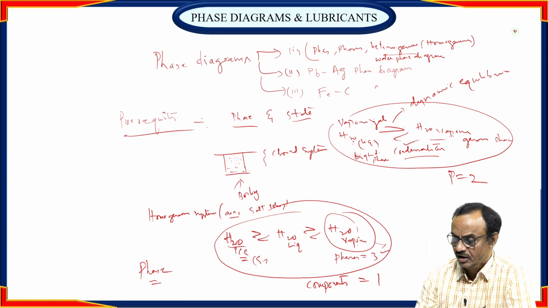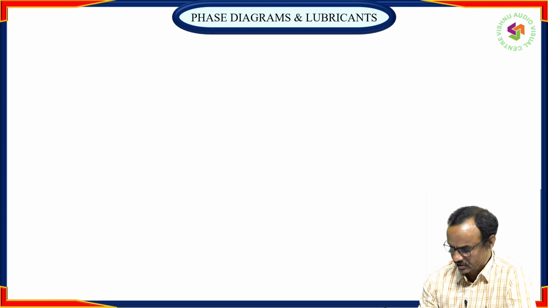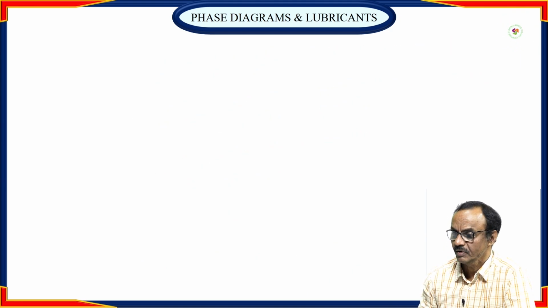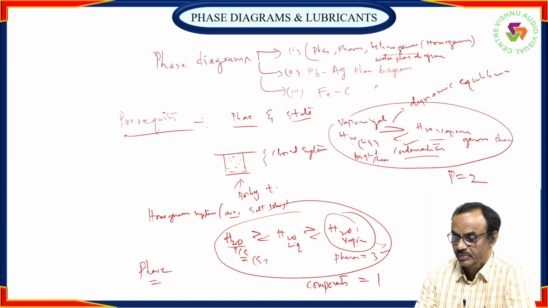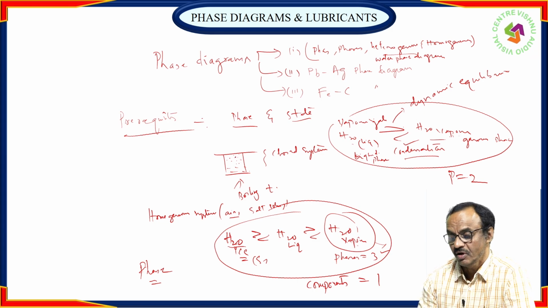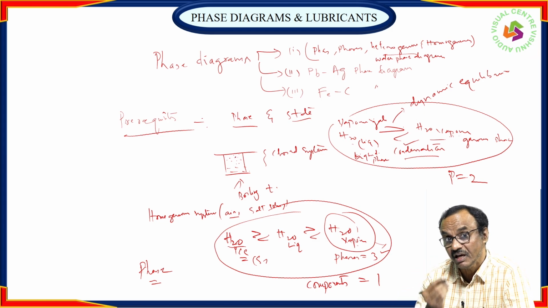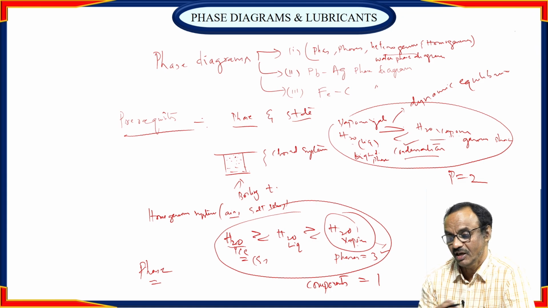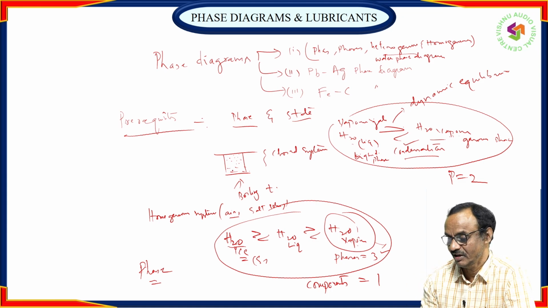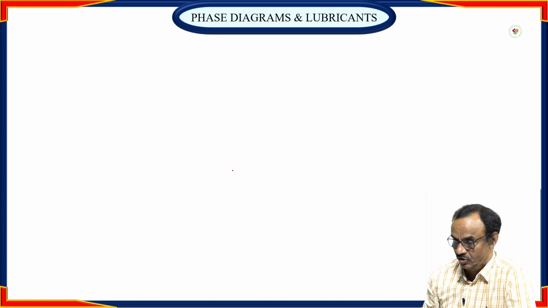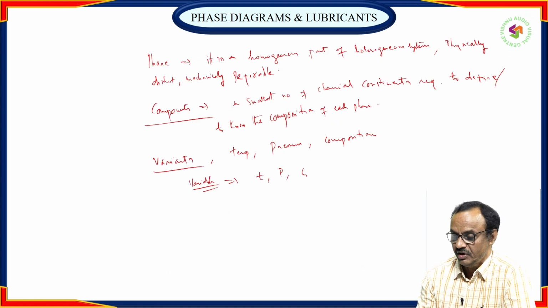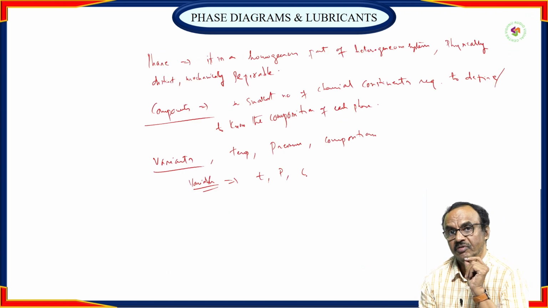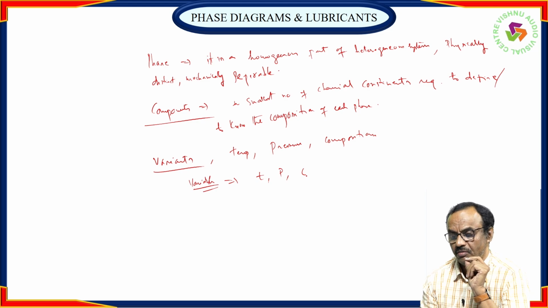So it depends on temperature, also on the pressure exerted by the vapor molecules, and also on the chemical constituents, the composition: the amount of water inside the flask, the amount of ice, the amount of liquid. So it depends on 3 variables. The minimum number of variables required is called the degrees of freedom.